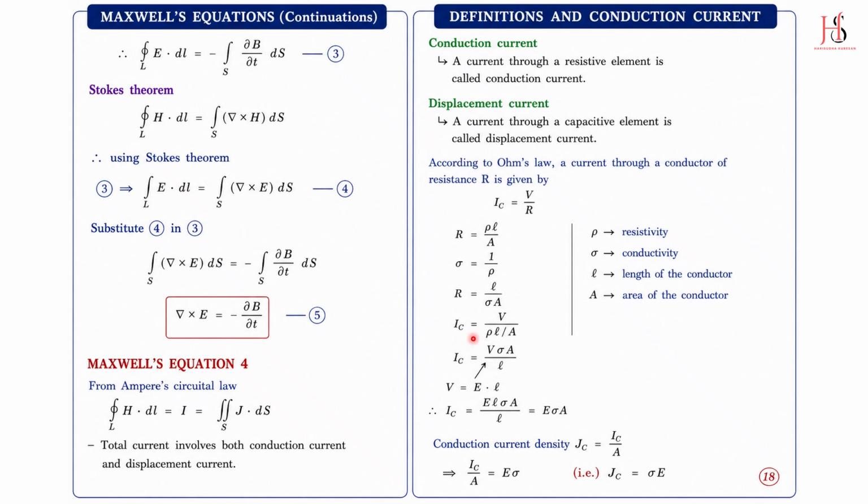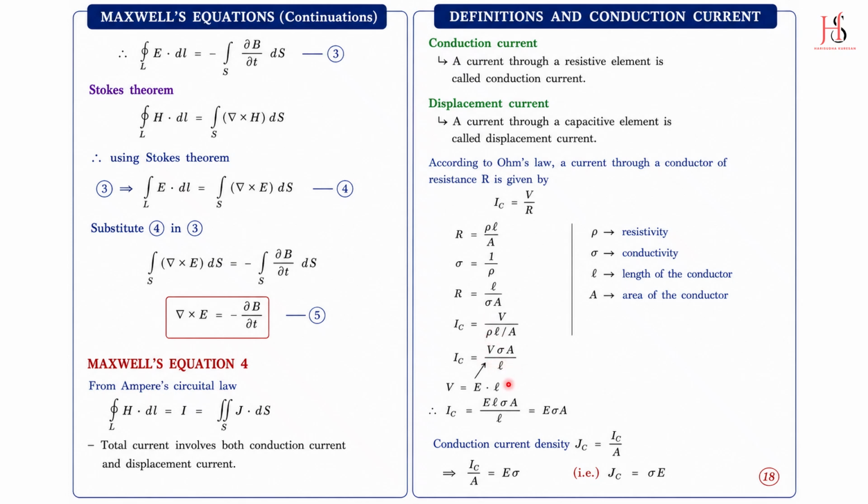So, the conduction current is equal to V by R. So, V divided by, this is my R term, that is rho L by A. Now, your conduction current is equal to V into sigma A divided by L, because 1 by rho is nothing but sigma.